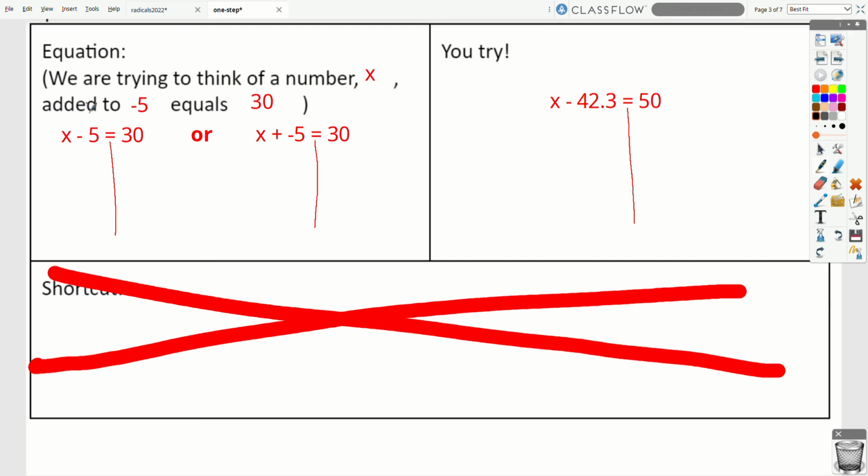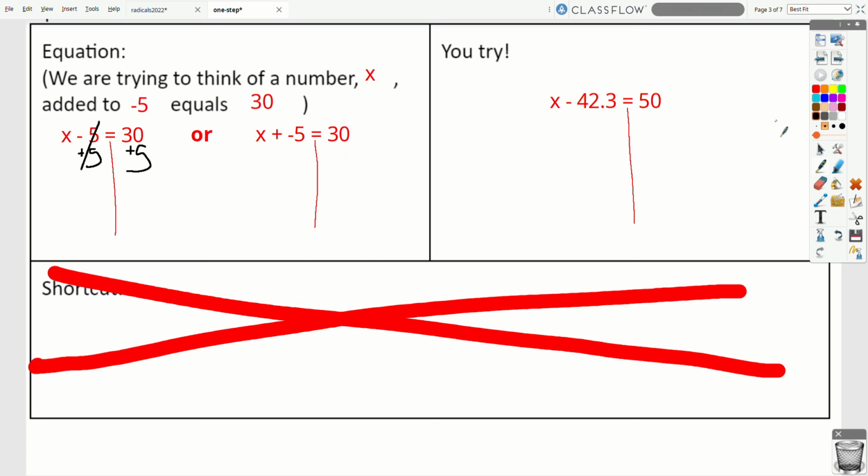Two more examples. We're trying to think of a number x, when we subtract 5, equals 30. In order to show the work by solving, we want to do the opposite of subtracting 5 to both sides of this equation. Instead of subtract 5, we will be adding 5 right here, and we add 5 to this side as well.